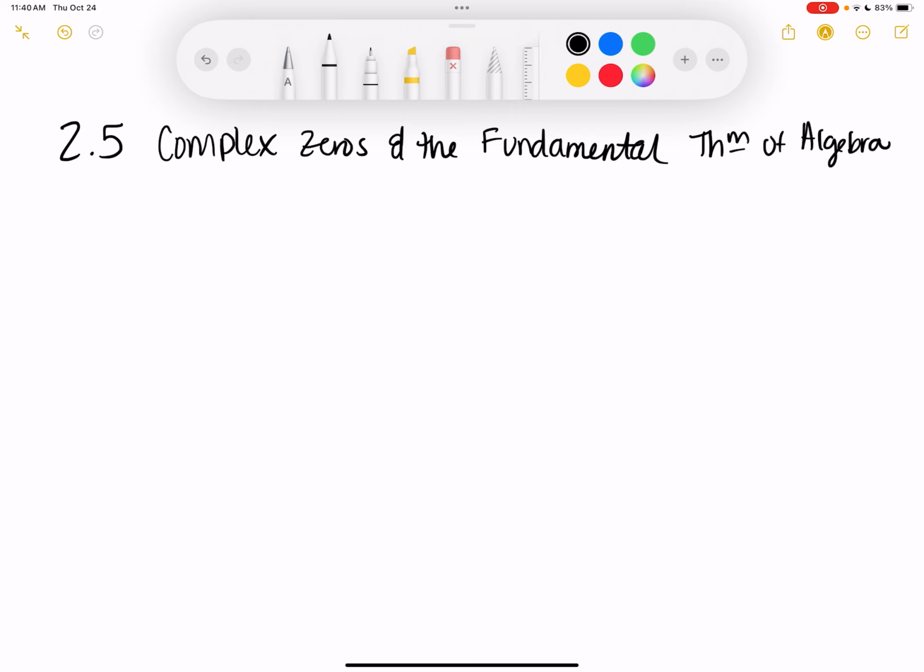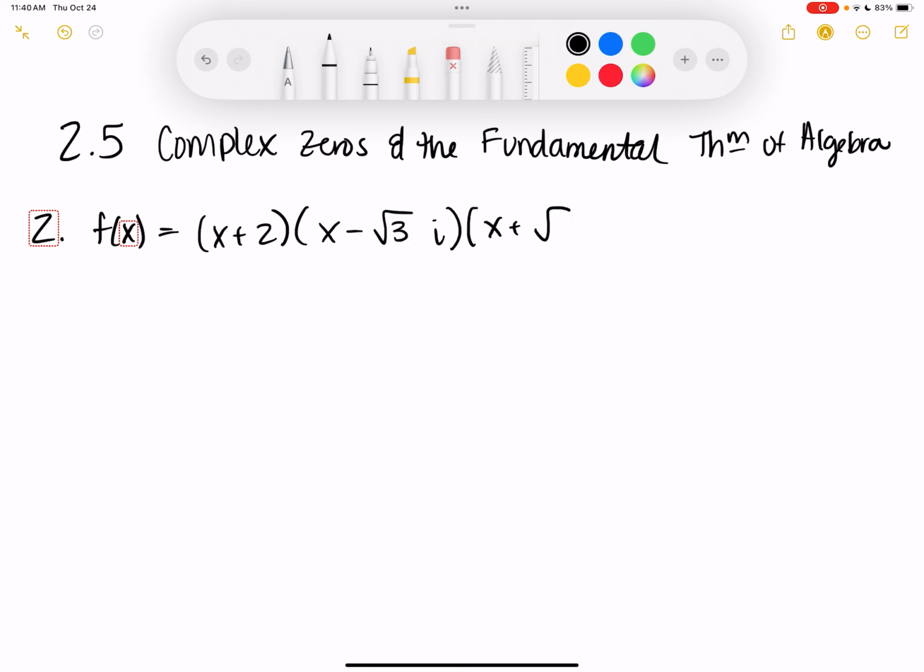So, write the polynomial in standard form. Identify the zeros of the function and the x-intercepts. So, I've got f of x equals (x plus 2) times (x minus the square root of 3i) and (x plus the square root of 3i).